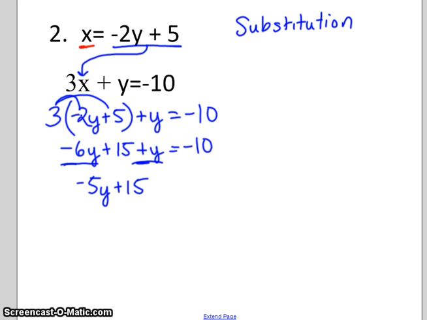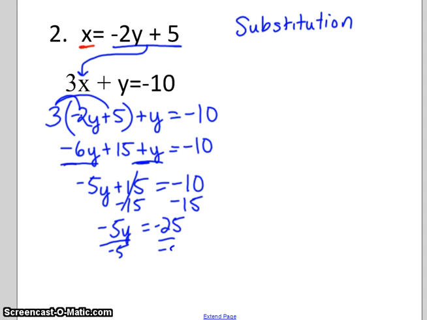And then solve for y. Okay, so we get y equals 5. So for our answer, y equals 5.